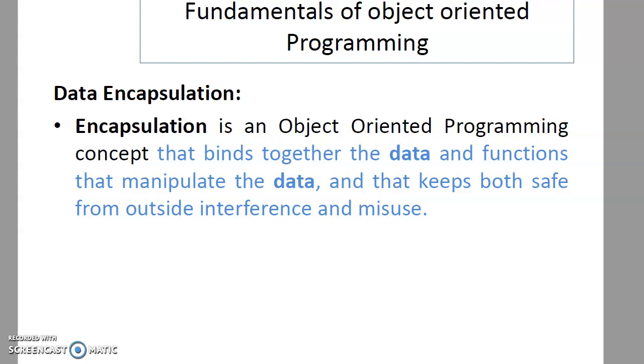The methods and variables are bound together in one class, and that is called data encapsulation. Using that, you can provide security to the data and the methods, and it becomes easy to use them also.